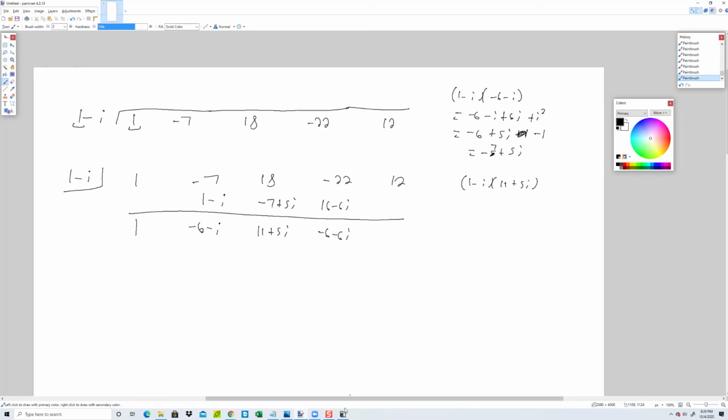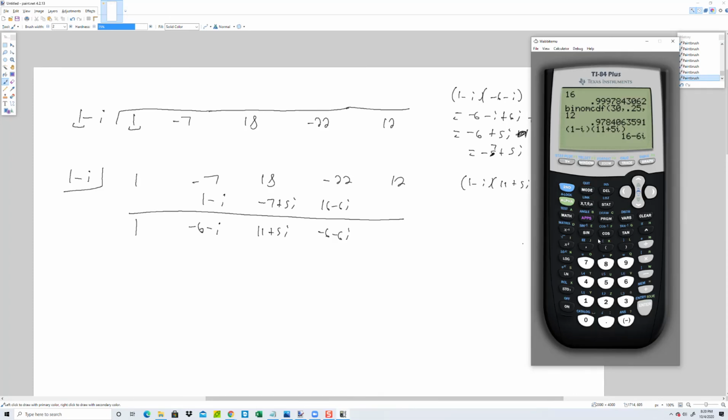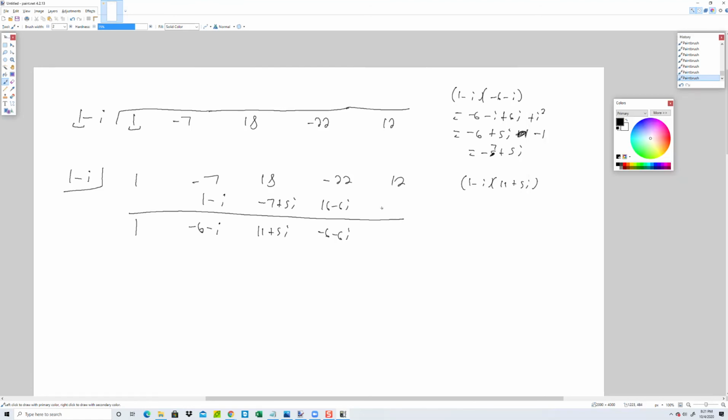So 1 minus i and negative 6 minus 6i. Fantastic. That's what I should get. I suppose if it's a 0, you better get a 0 at the end when you're all said and done, which I just got. Now we continue.